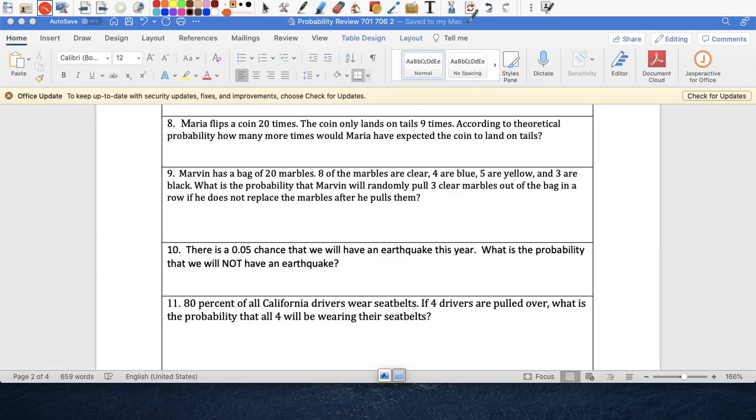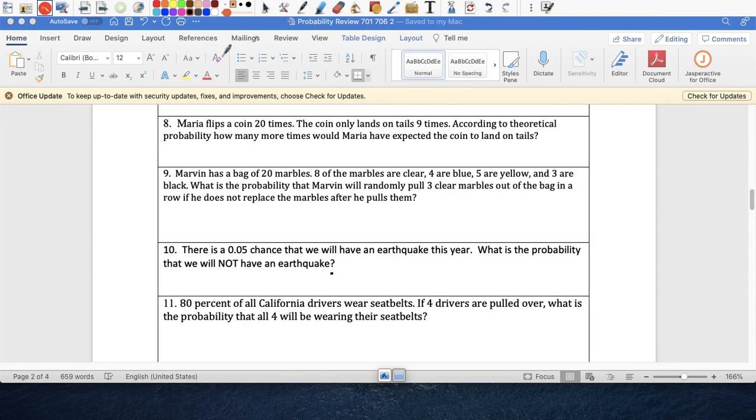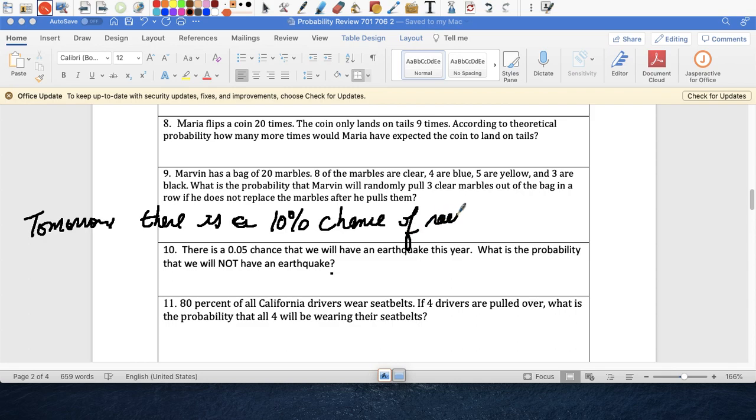Let me talk about that again. So let's give you another example. Tomorrow, there is a 10% chance of rain. Is that a lot?